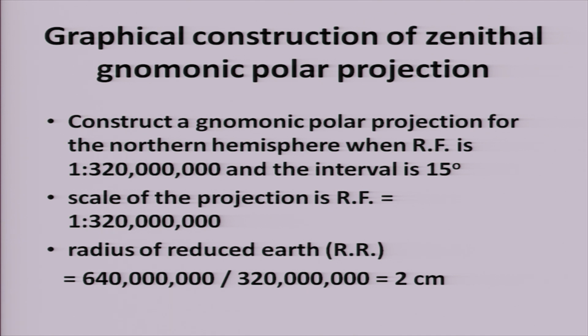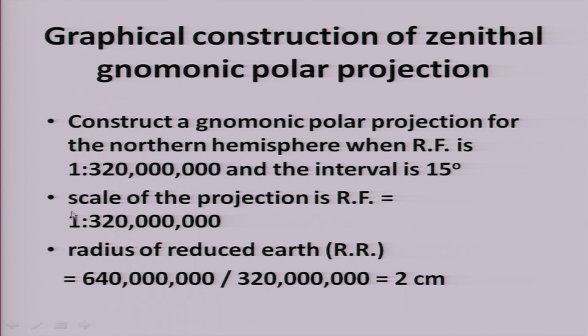So in the practical session also you can get questions like: construct a gnomonic polar projection for the northern hemisphere where RF is 1:320 million and interval is 15 degrees. In the previous sessions I have already dealt with RF. This is the representative fraction, and 1 unit on the map represents 320 million units on the ground.